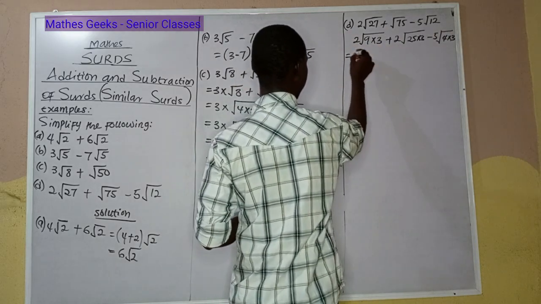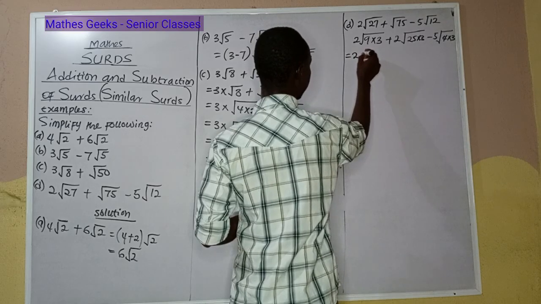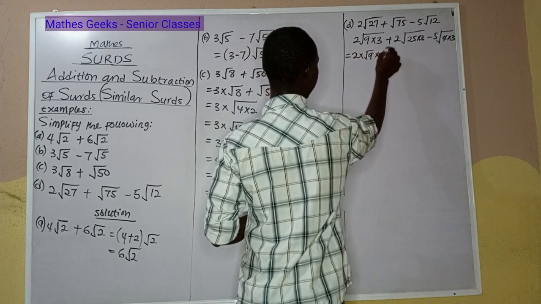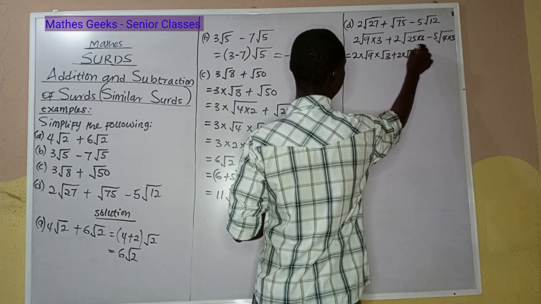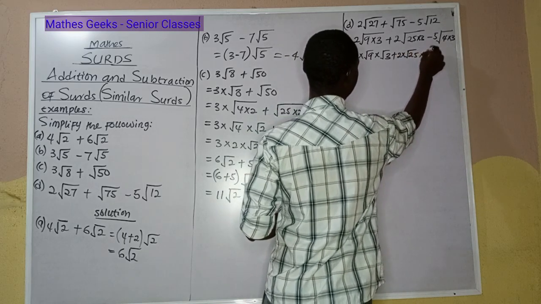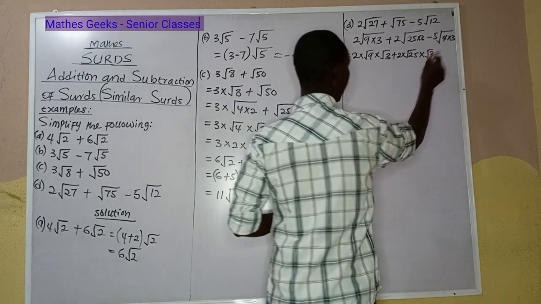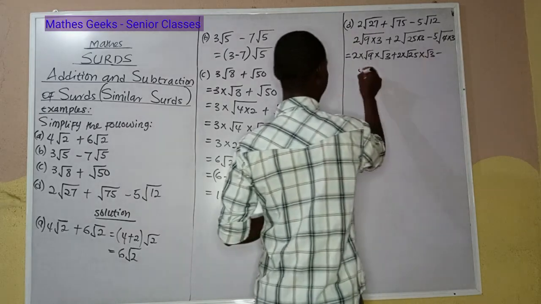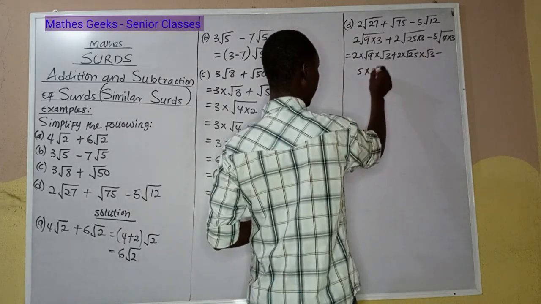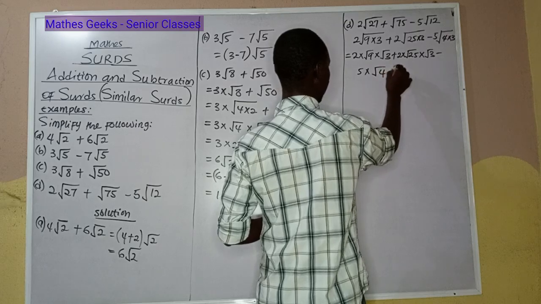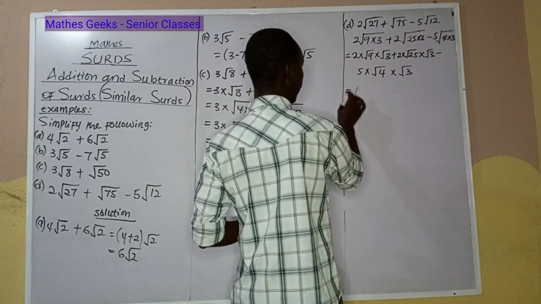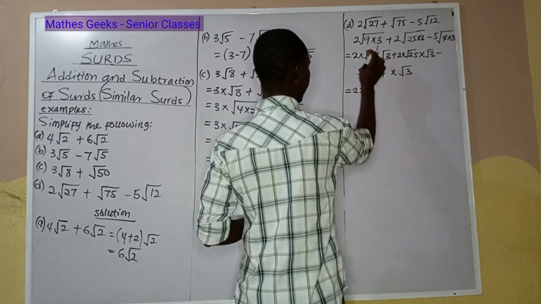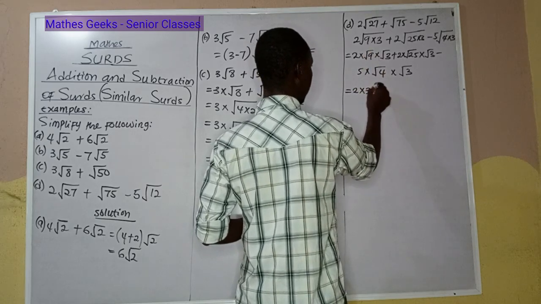Okay, so let's proceed. 2 times root 9 times root 3 plus 2 times root 25 times root 3 minus 5 times root 4 times root 3. This is equal to 2 times root 9, which is 3, times root 3.